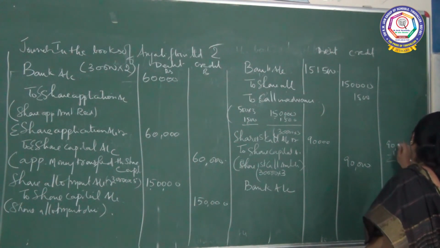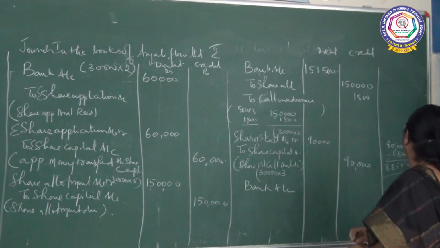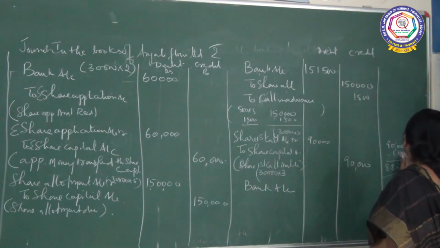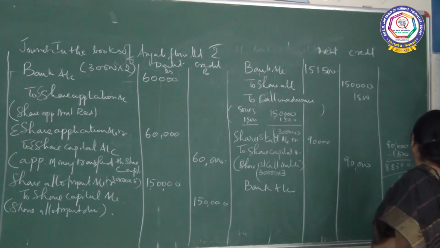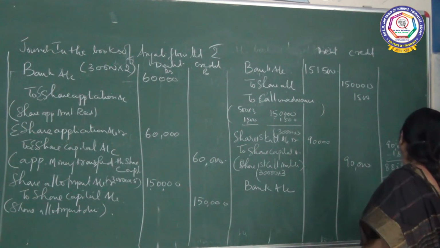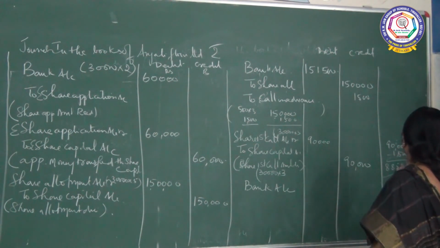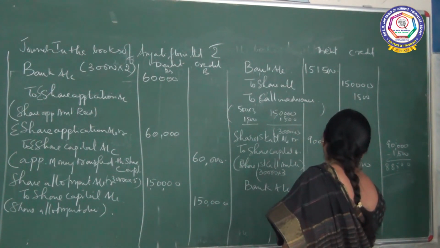That comes to 88,500. You add and see whether you have done it correctly: 88,500 plus 1,500 is 90,000. So you are going to get only 88,500.